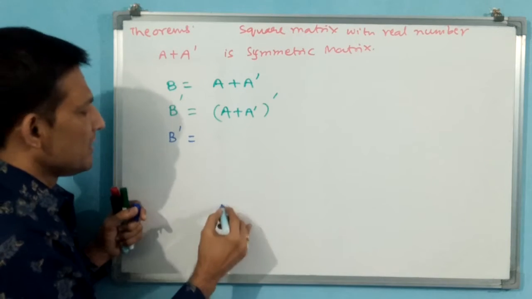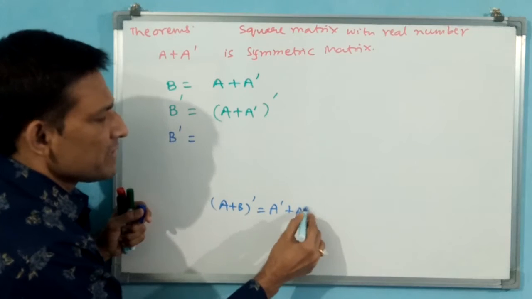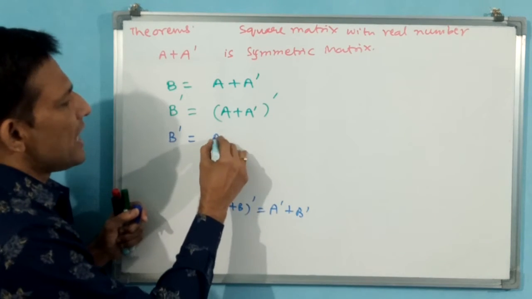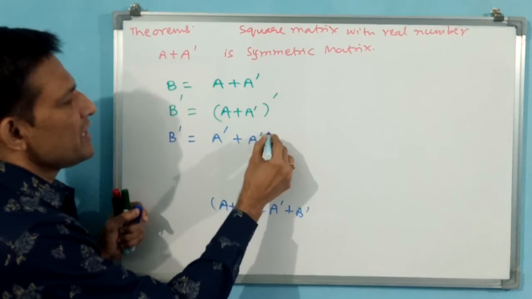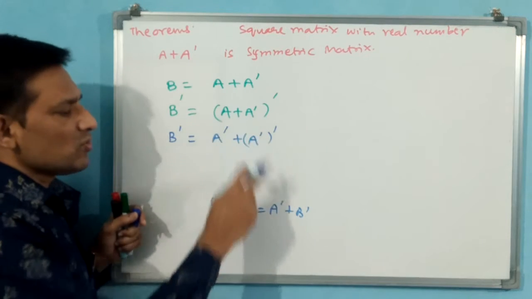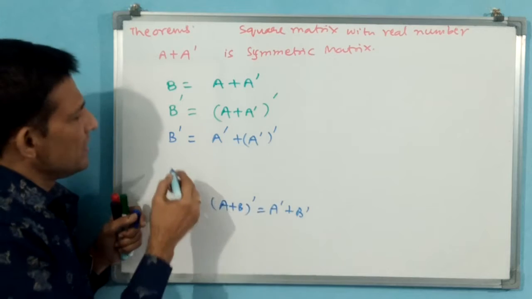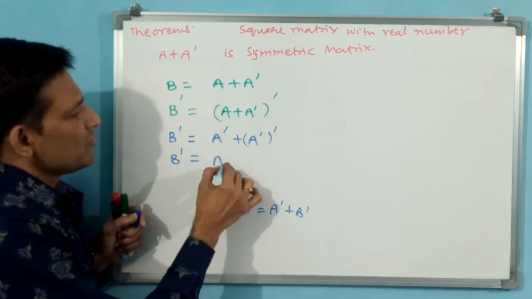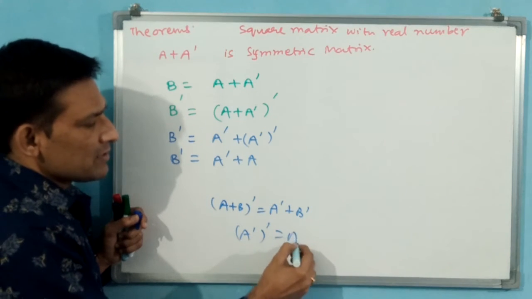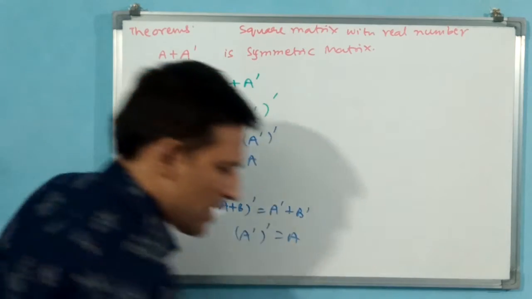We have one formula: A plus B whole transpose is equal to A transpose plus B transpose. This formula we know; we have seen the property. So I get A transpose plus A transpose whole transpose, because I am taking this A transpose as the B. Finally it is going to become A transpose plus A. Why? Because A transpose whole transpose is equal to A. We have seen double transpose gives you the same matrix.